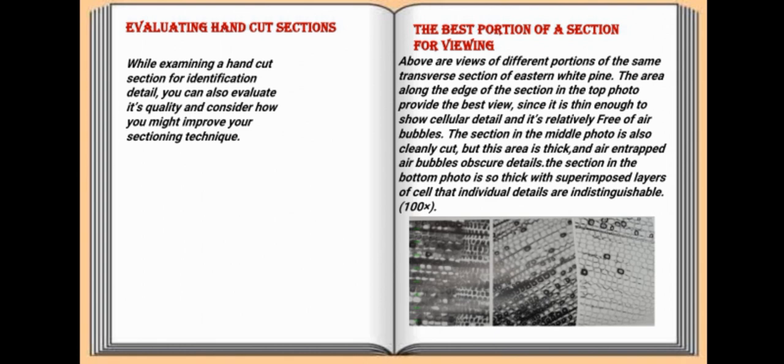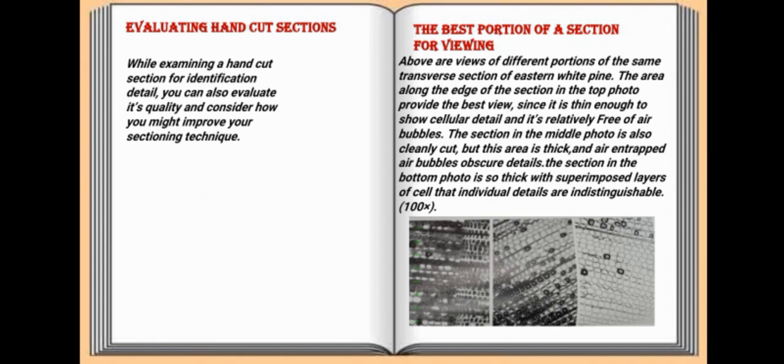Above are views of different portions of the same transverse section of the eastern white pine. The area along the edge of the section in the top photo provides the best view since it is thin enough to show cellular detail and it's relatively free of air bubbles.